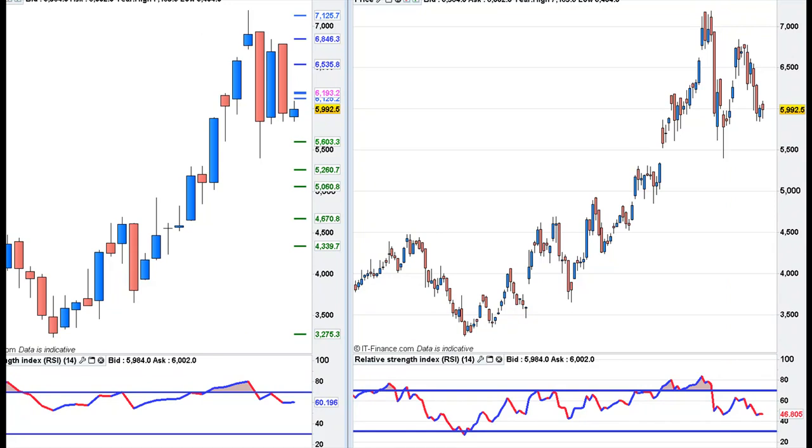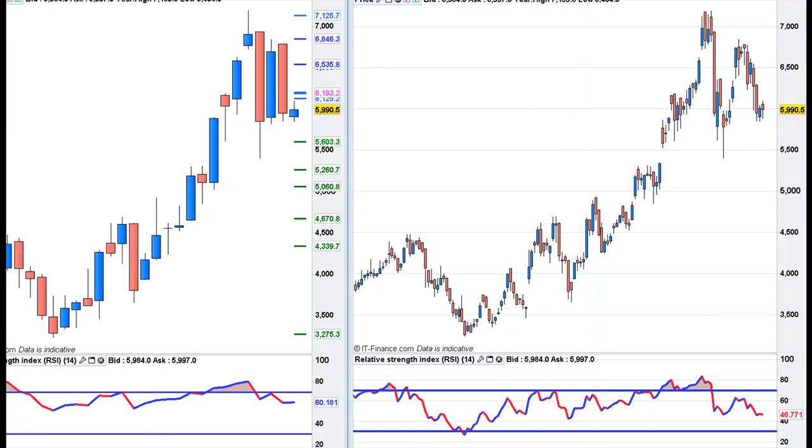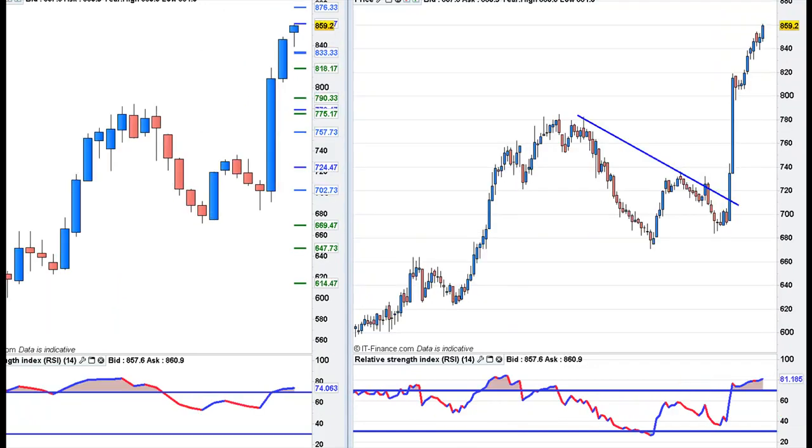Just on the 50 EMA, yesterday's bar came off the 50 EMA. Okay, and this Hargreaves just keeps going from 700 to 860. Wow, in not very much time.